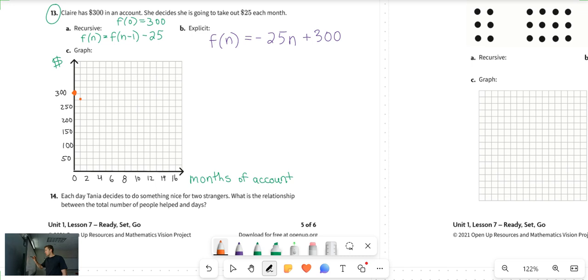At 2 months, she takes out another 25, another 25, another 25, right? And it's arithmetic, which means the same step down each time. And it looks like, according to our graph, she should run out of money in her account after 12 months. And I think that makes sense because 12 times 25 is 300.